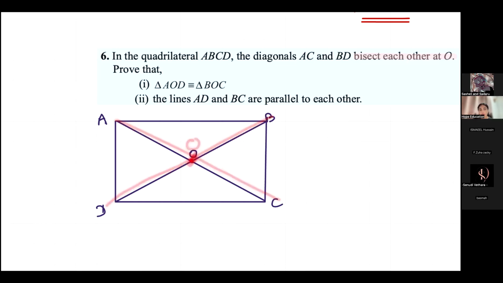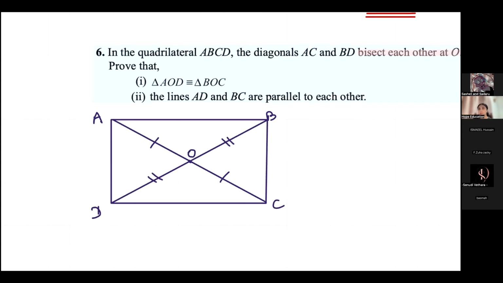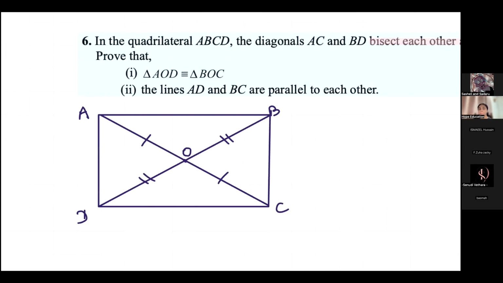So if you take the diagonal AC, at this point O, it is equally divided into 2 parts. If you take the diagonal BD, that is also equally divided into 2 parts by the point O. Is the diagram clear to you? Yes, miss. Okay.